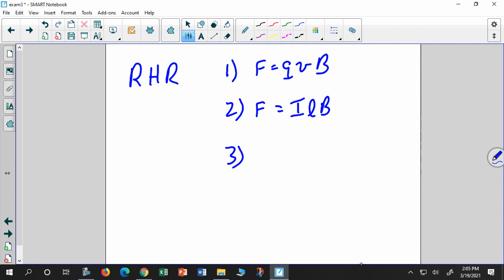In these, I let my index finger go in the direction of V, or in the direction of I for the second one. Let your middle finger go in the direction of B, and then your thumb gives the direction of F. So we'll do some samples of those, but you'll definitely have a couple of those on your quiz.